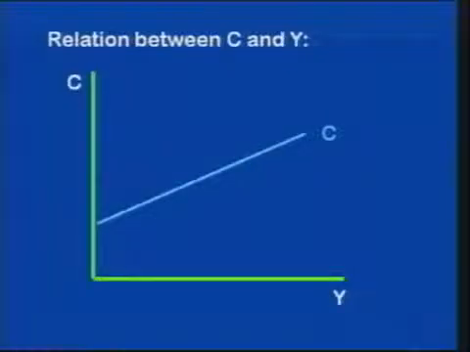What it tells you is, first of all, as people's income rises, people consume more. But we don't always consume every bit of every extra dollar. If we're at a very low level of income, we actually probably consume more than our income by dipping into previous savings that we've got.